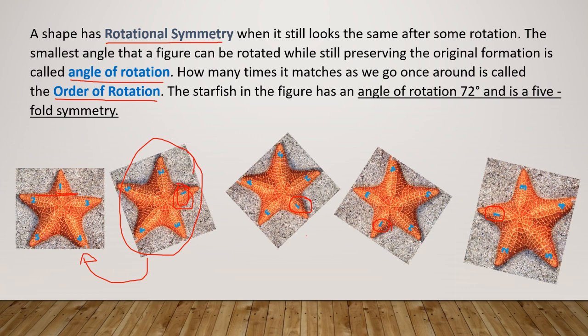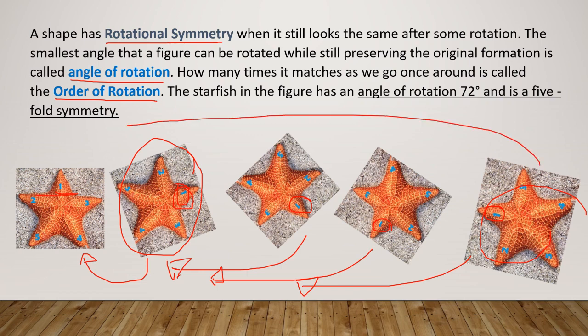So all of the rotations that we did, it will look exactly the same as the original position of the starfish. And if we are still going to rotate it about 72 degrees, it will go back to the original position of the starfish, where one will be here.